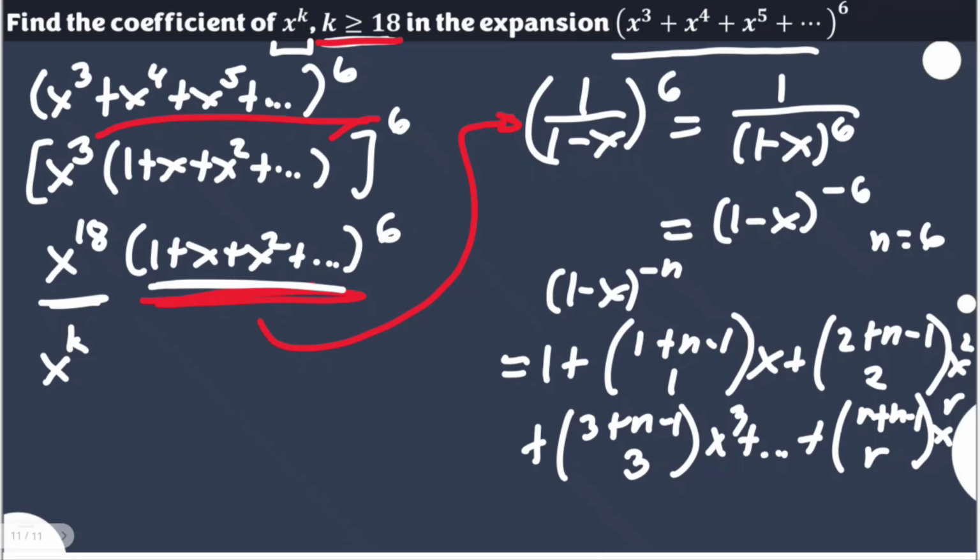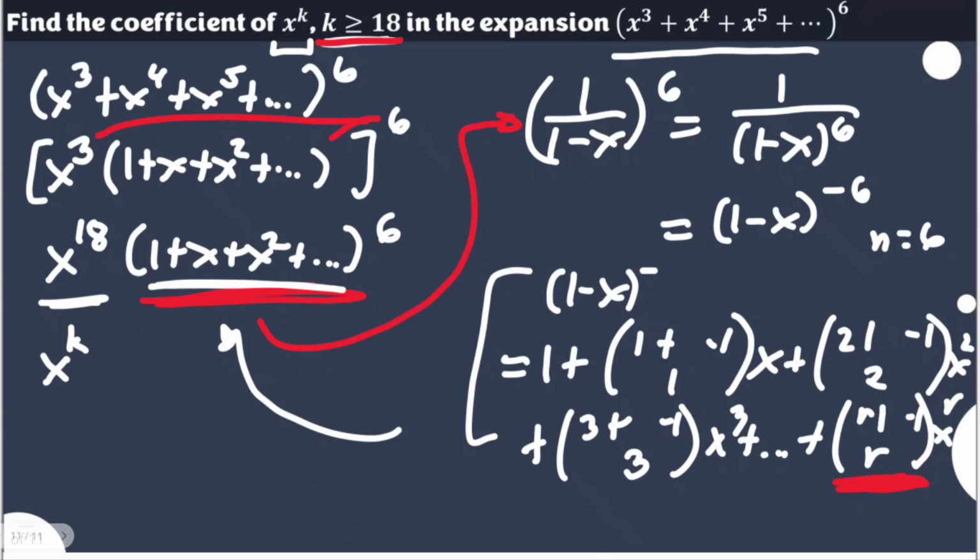Because we don't need to provide all the terms here that might be substituted, because what we need is only this portion where it includes x to the power of r. And take note, our n here is 6, so this is actually equal to r plus 6 minus 1.